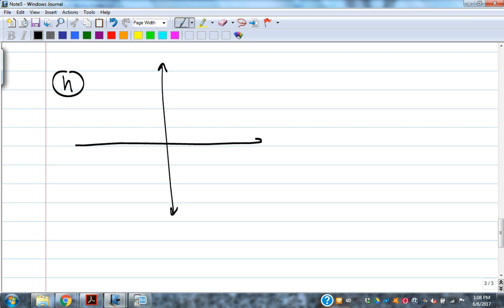A coordinate plane here, just sketching it. All right, so I'm going to plot some points here. That's at (0, 4).